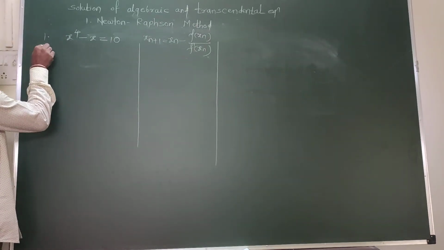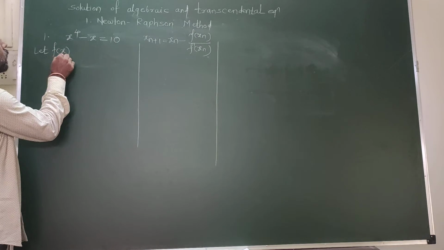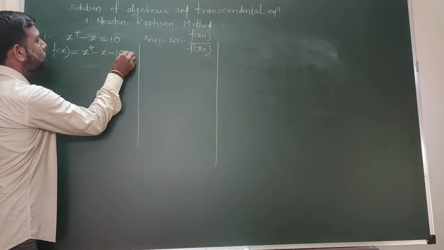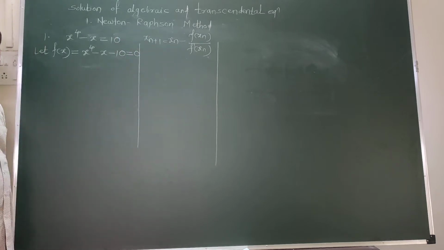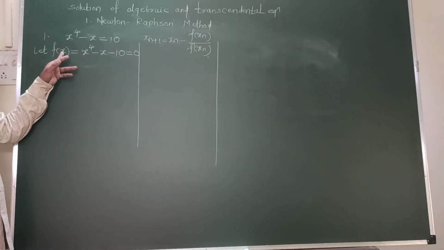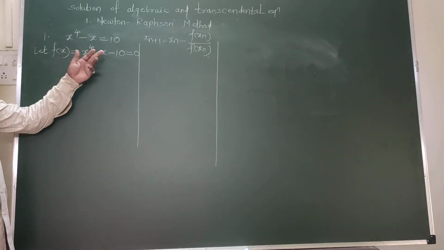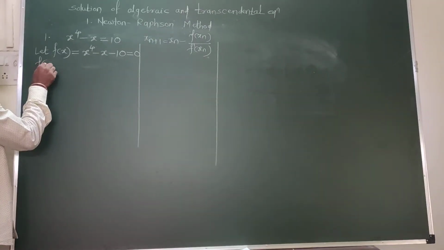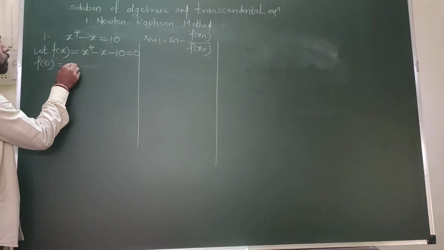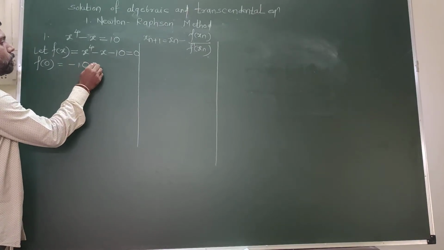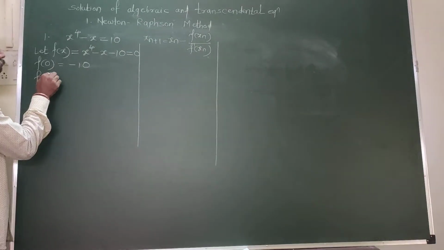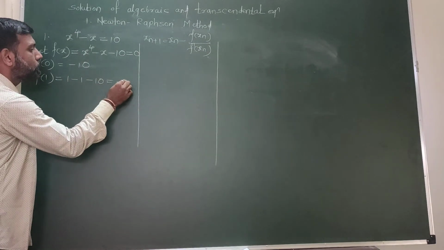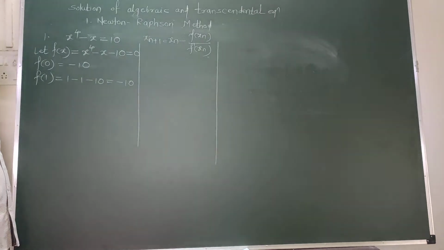Initially, let's assume this is f of x. Then, for different values of x, we have to find the value of f of x, starting with f of 0, then we substitute 1 here, it remains minus 10.